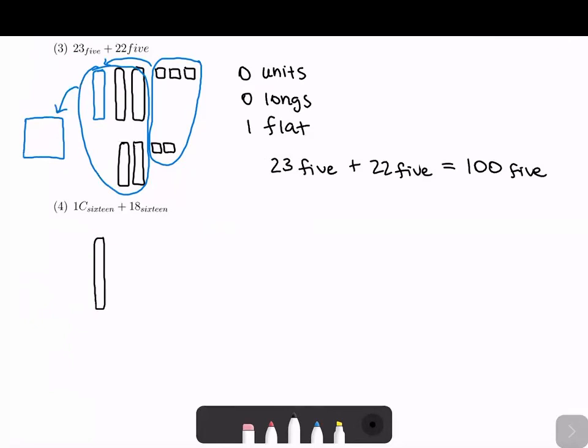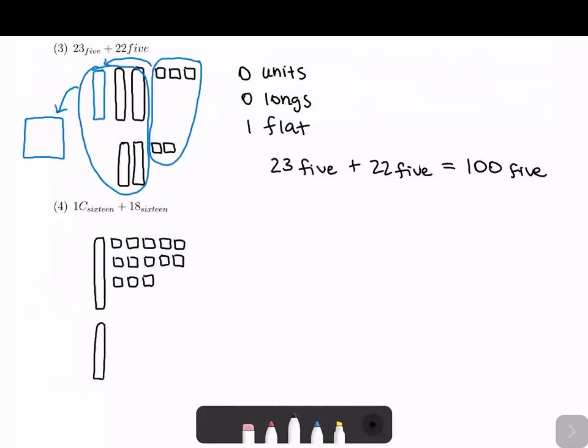So this 1C has 12 units. 1, 2, 3, 4, 5, 6, 7, 8, 9, 10, 11, 12. So we have 12 units there and 1 8.